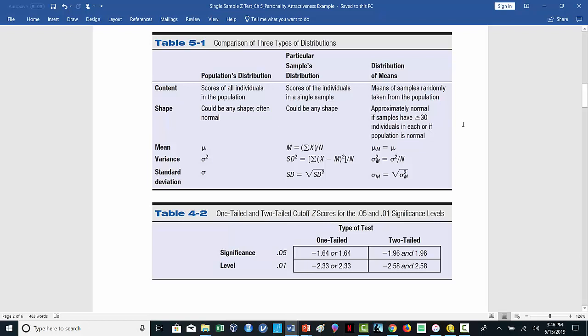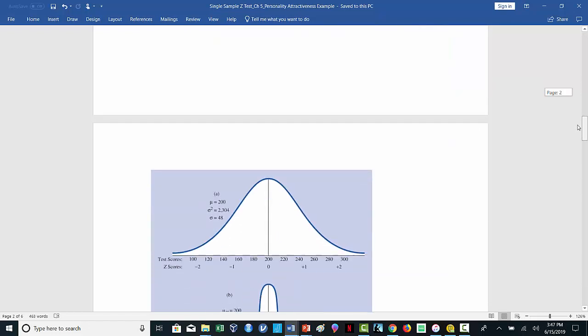We do know what a distribution of means would tend to look like if you did all these different studies. An important thing to know is that if your sample size is at least 30 or greater, the bigger the better, the distribution of means is known to approximate a normal distribution. There's a video in the class that explains this better.